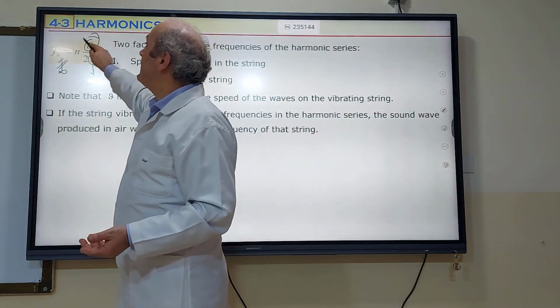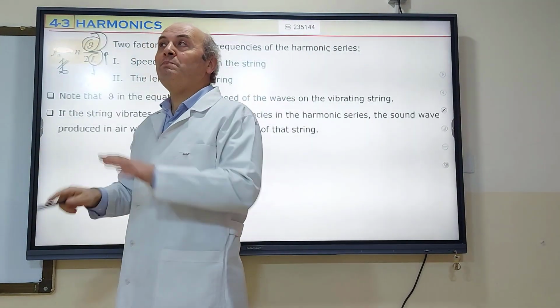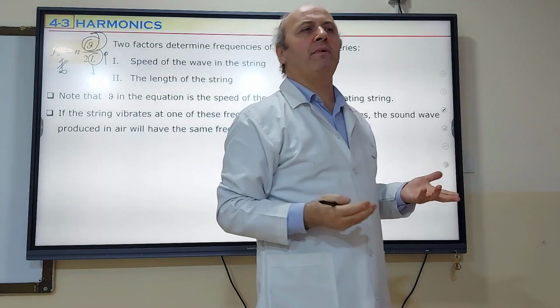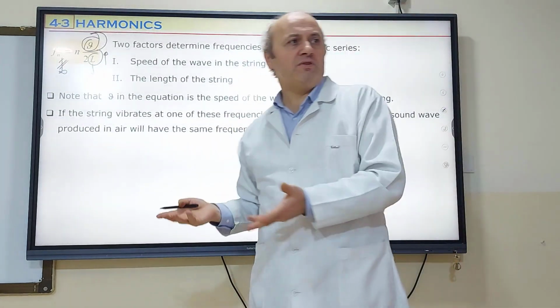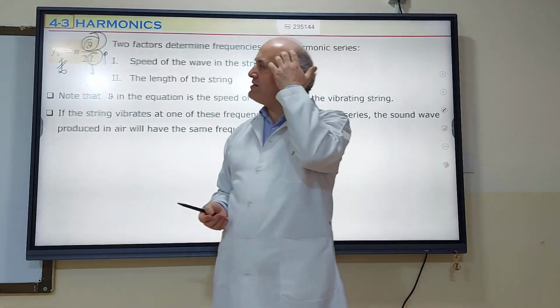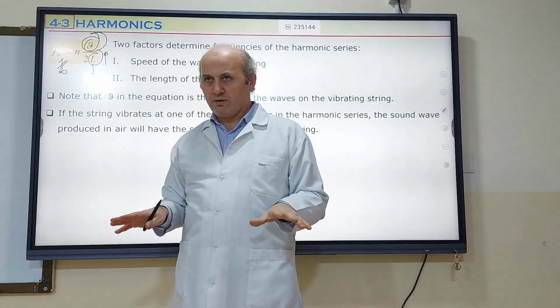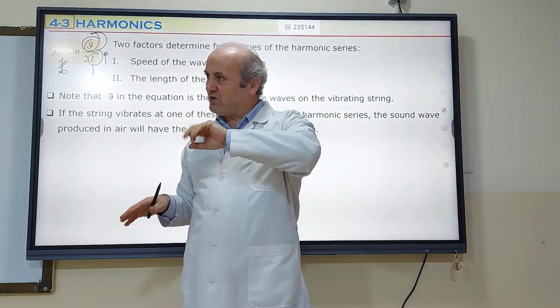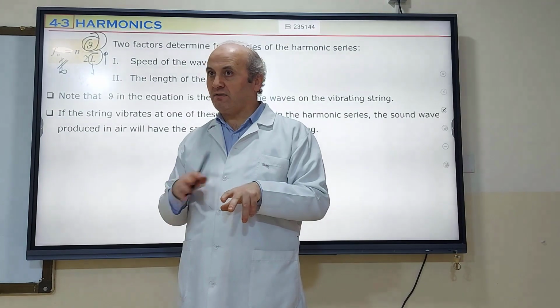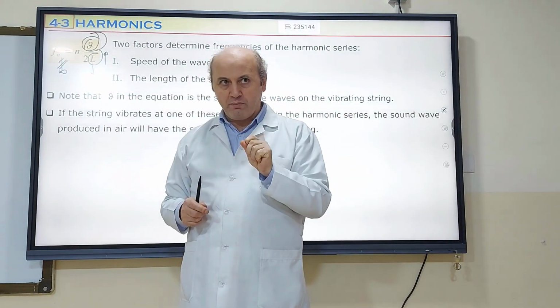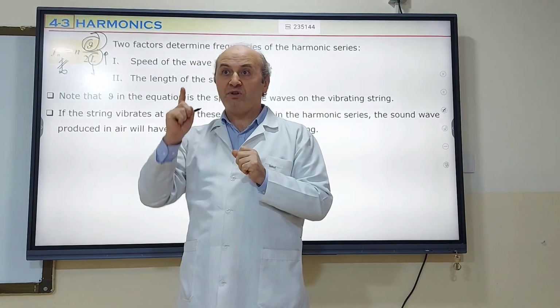Or speed, and also speed. What is speed? Speed of the wave in the string. So how can we change the speed of the wave in a medium? Properties of the medium. For string instruments, generally this property can be changed by tension. It's not our curriculum, in fact, but when we increase the tension, the speed of the mechanical wave changes. When you stretch it more and more, you are going to hear a high-pitched sound.